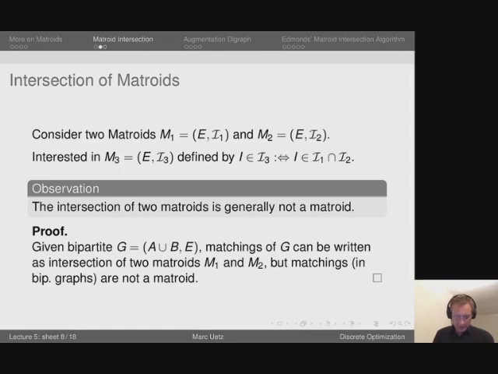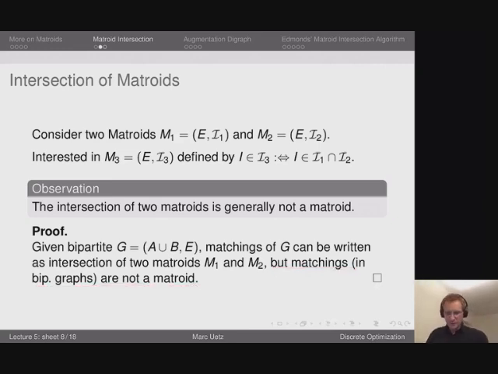The simple example for graphical matroids is if we consider bipartite graphs, then we know that we can express matchings in bipartite graphs as the intersection of two matroids. If you forgot how that works, I will explain it on the next slide with a little example. But we know that matchings in graphs and also in bipartite graphs are generally no matroid structures.